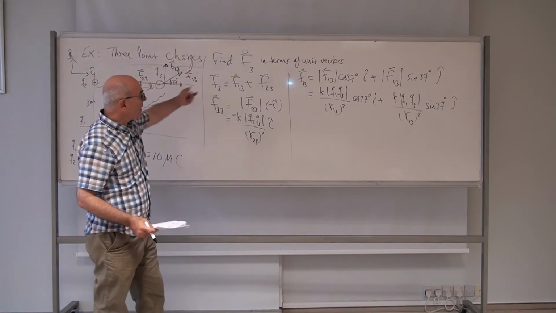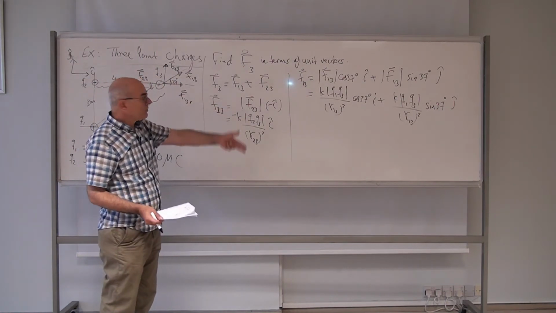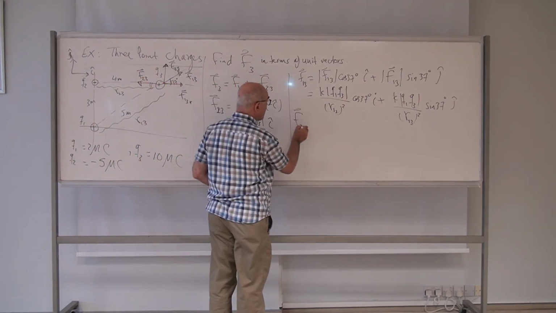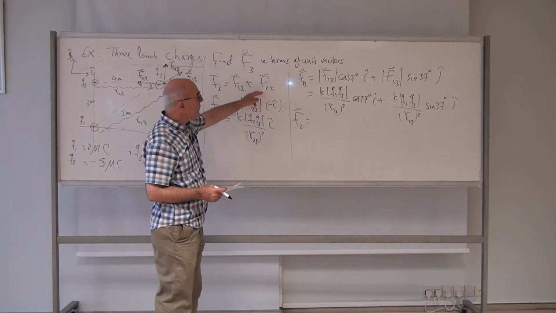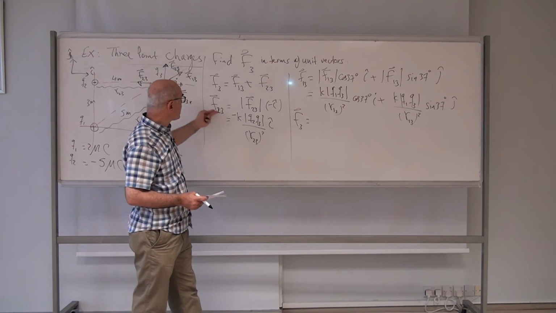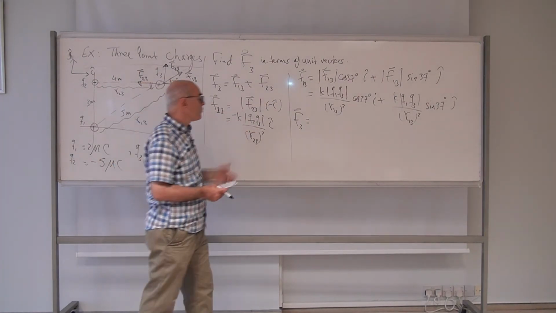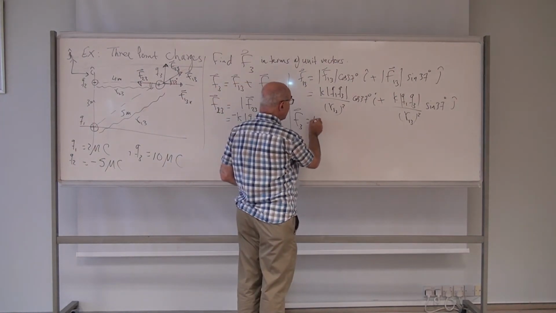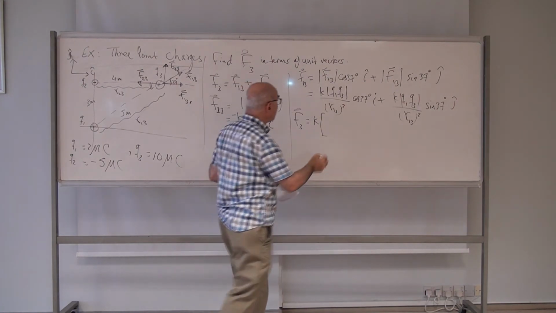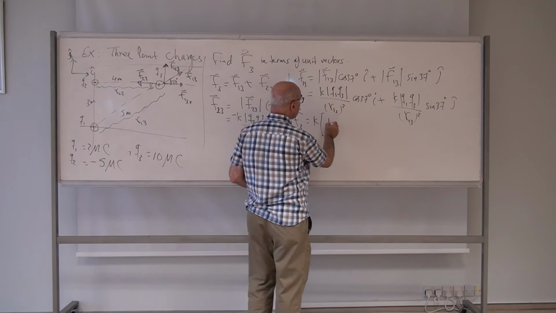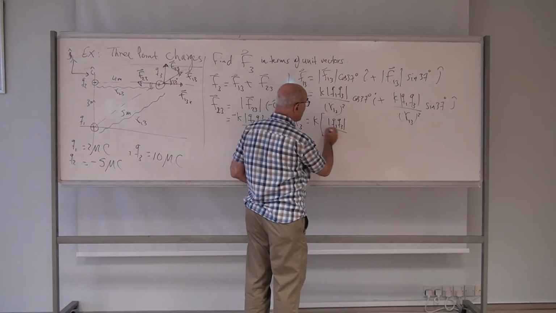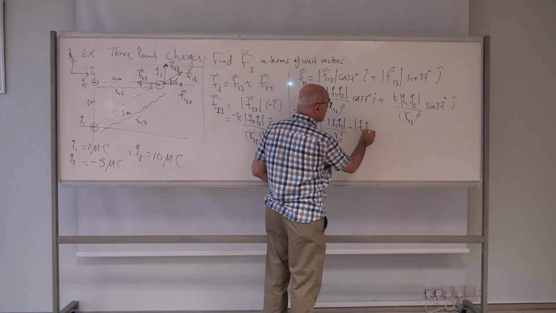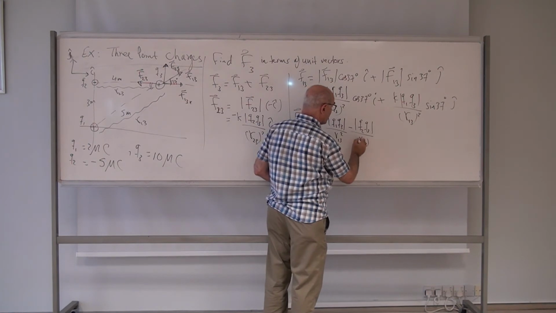So I have F13, I have F23. Now I can add them. I have them in terms of components. So F3, which is just F13 plus F23, I add the x components, I add the y components. F23 has only an x component, so it doesn't have a y component. So in this case, you can take k as a common factor all the way, and the x component will be Q1 Q3 over R13 squared cosine 37 degrees minus Q2 Q3 over R23 squared.